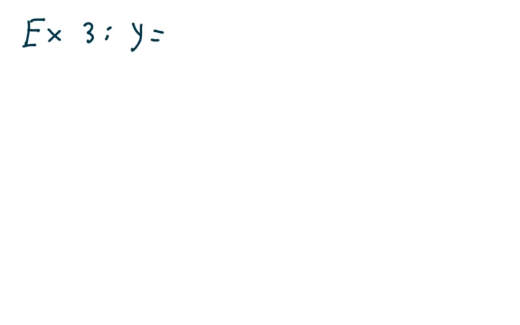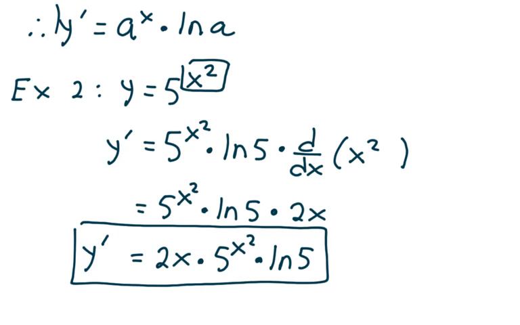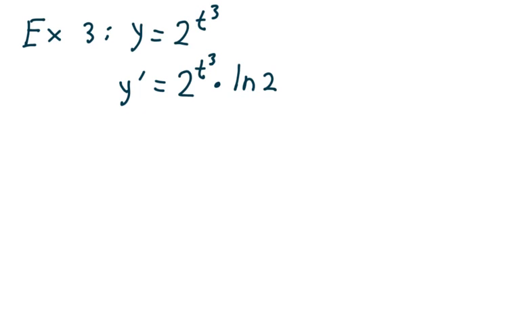Suppose I had y equals 2 to the t cubed. So if I want y prime, I'm going to say 2 to the t cubed times natural log of 2. Okay, so essentially I'm following this formula here, but instead of an x, I have a t cubed. But if I want to apply the chain rule, I have to take the derivative of that inside function.